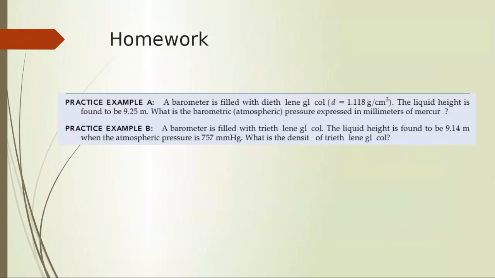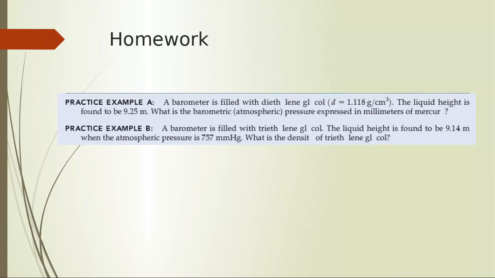Yes, this is your homework about the barometers. I think for the ethylene glycol, they are giving you the density of the ethylene glycol and the height, and you only have to find the barometric pressure.